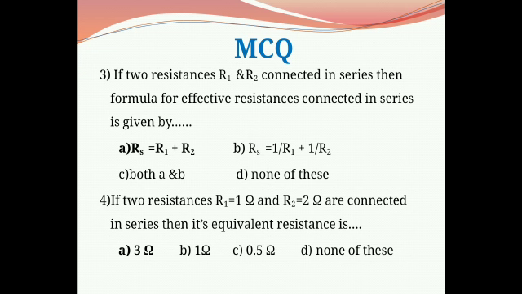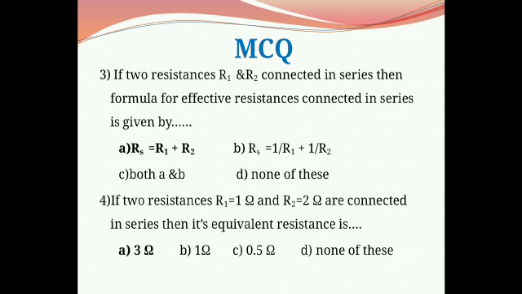Third question is, if two resistances R1 and R2 are connected in series, then the formula for effective resistance is given by: first option Rs equals R1 plus R2; second option Rs equals 1 upon R1 plus 1 upon R2; option C is both A and B; option D is none of these. The correct option is A, Rs equals R1 plus R2.